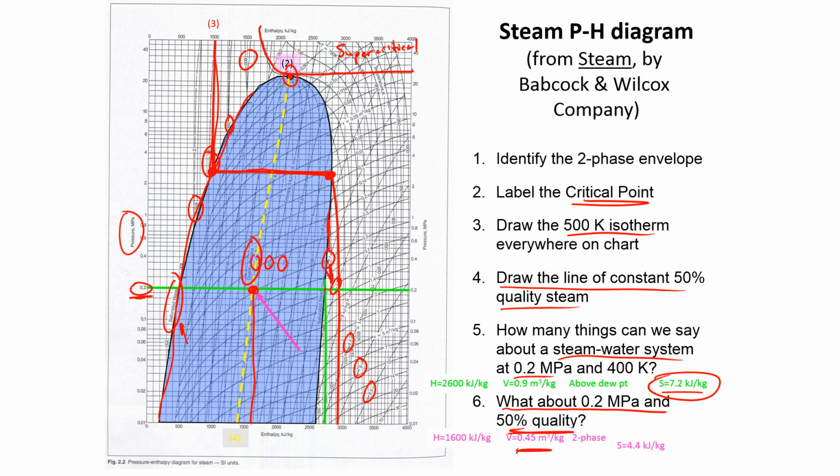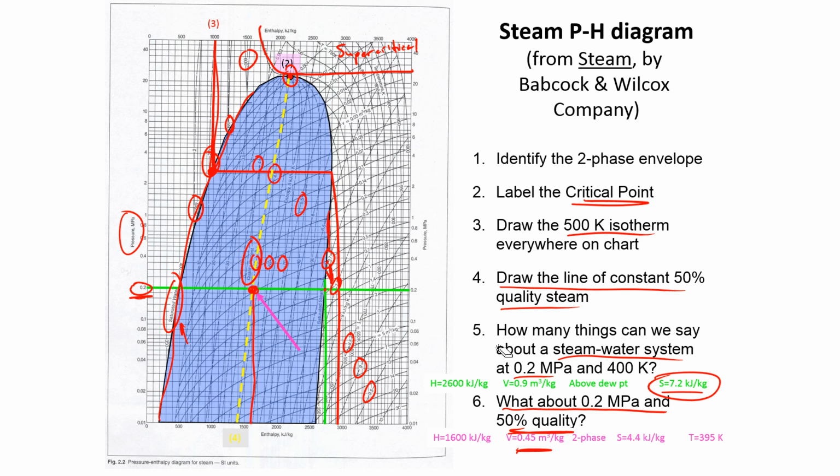It's going to be two-phase, and the entropy is going to be 4.4. Here are the entropy lines right there: 4, 4.5, 5 is kind of hidden here, here's 5.5. So we're able to get the entropy as well.